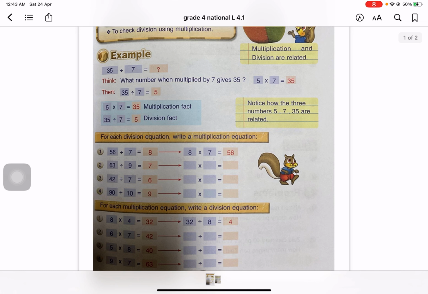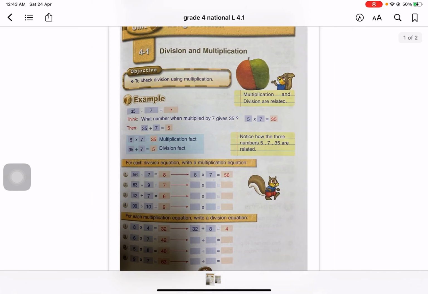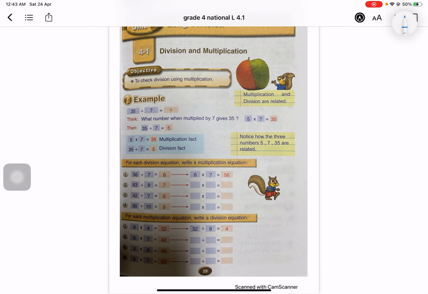Now, 63 divide 9, how much? It is 7. So 7 times 9, 63.